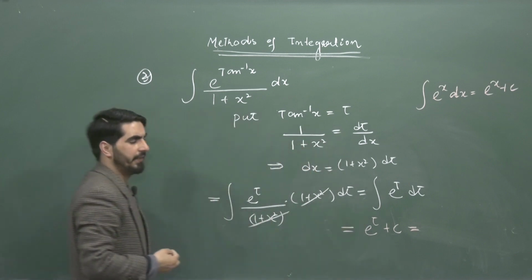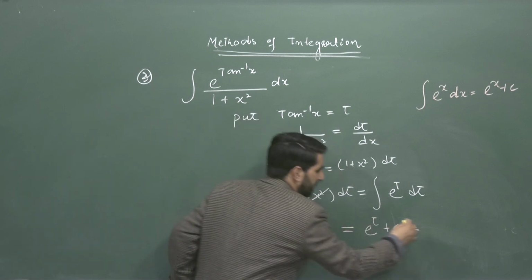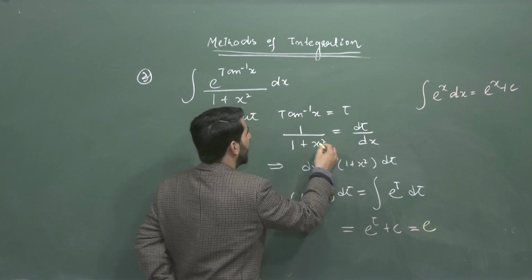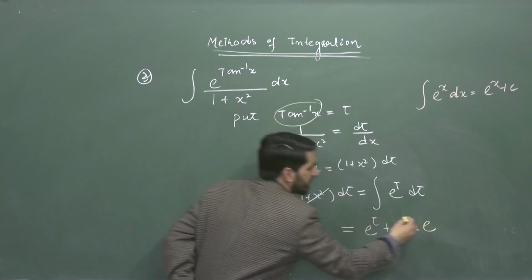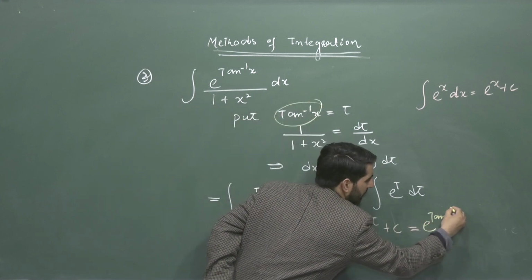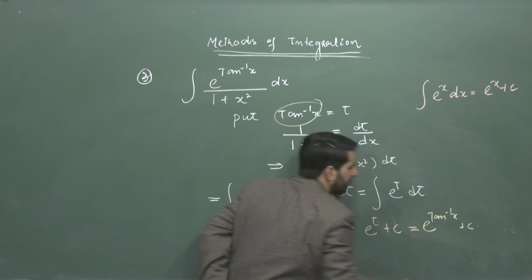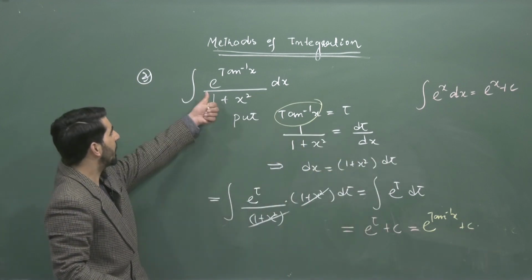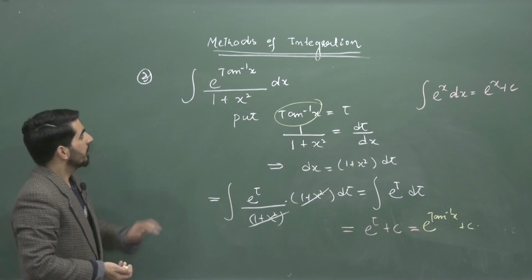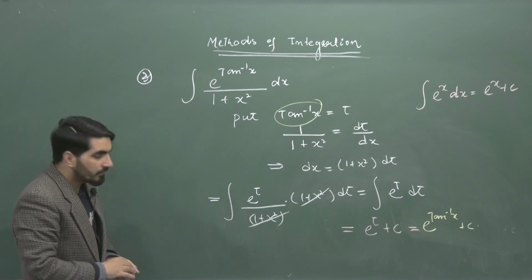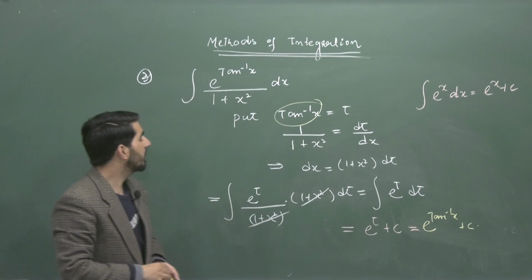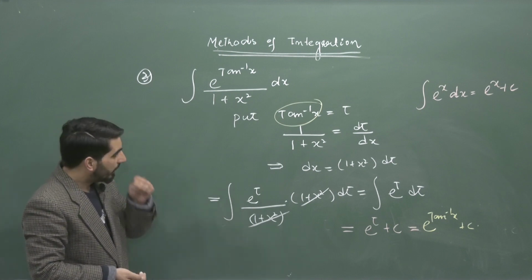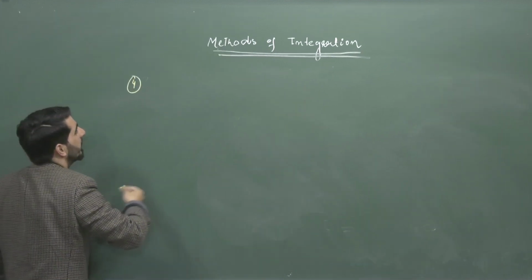Replacing the value of t, where t is tan inverse of x, we will get e raised to power tan inverse of x plus c. So this will be the integral of this question.